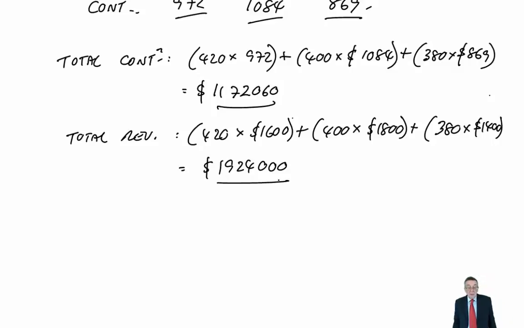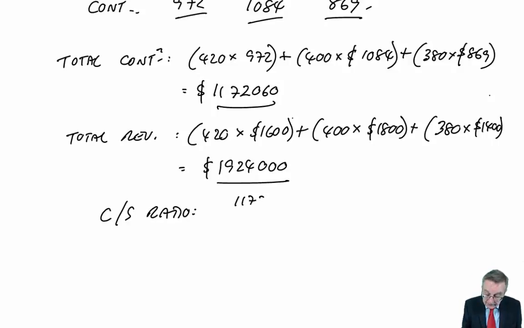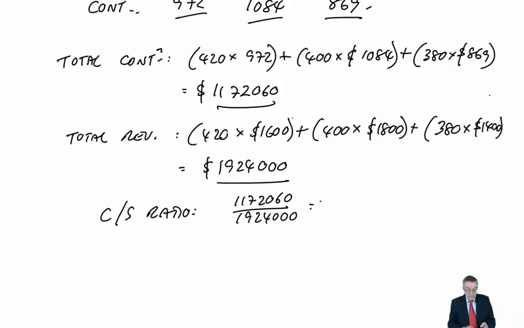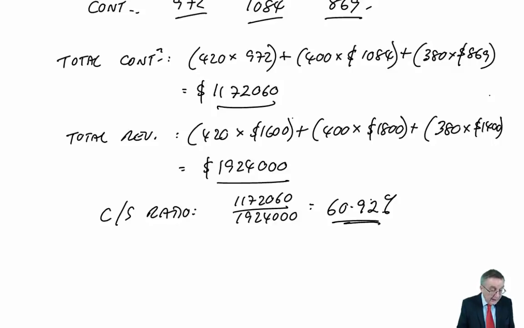And so having got the total budgeted contribution and total budgeted revenue, the contribution to sales ratio, the CS ratio, contribution divided by sales, which you can either leave as a decimal or a percentage, but if I put it as a percentage, it's 60.92%.